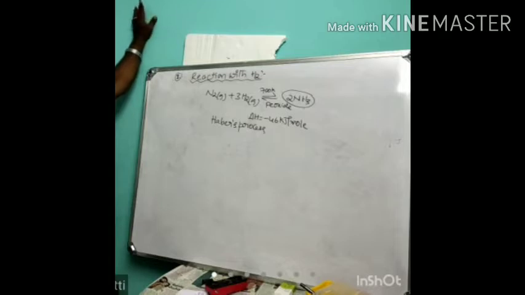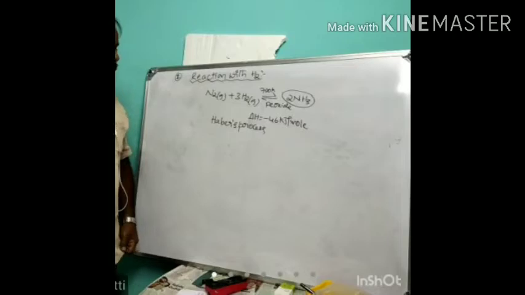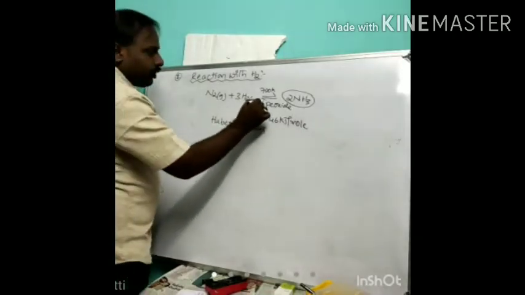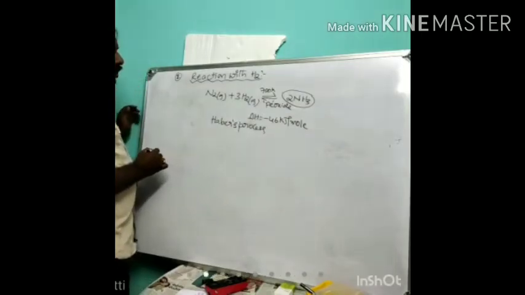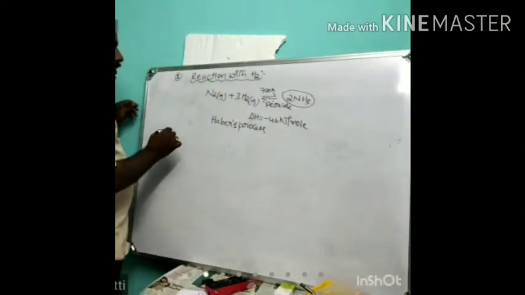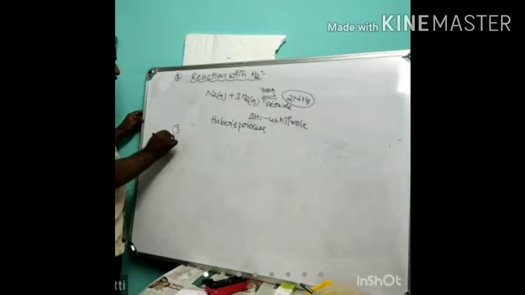What are the favorable conditions and what is the flow chart regarding Haber's process, we'll study in the next class. So that is the second property of nitrogen.